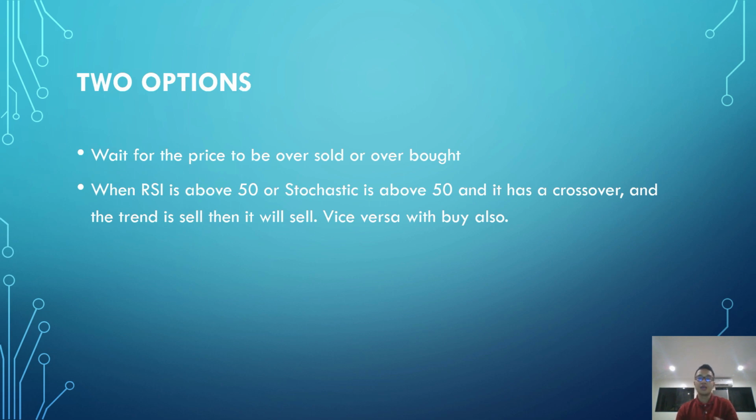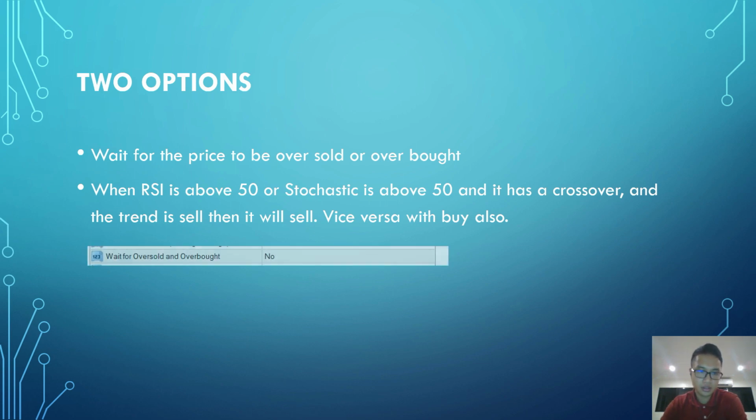When you start to use the robot, you could see a setting there called wait for oversold and overbought. The setting is meant for the user to decide, because if you put a yes there, the robot will take a long time to trade.